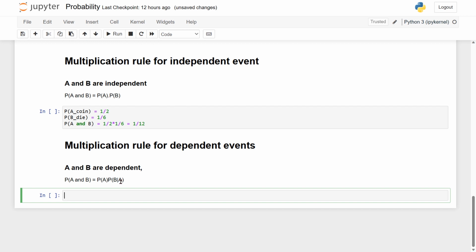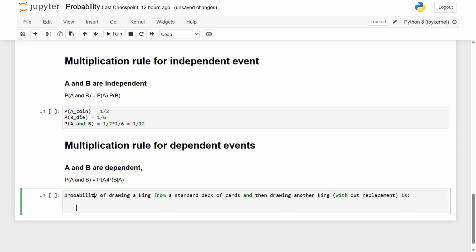Now a small example: the probability of drawing a king from a standard deck of cards and then drawing another king, obviously without replacement.